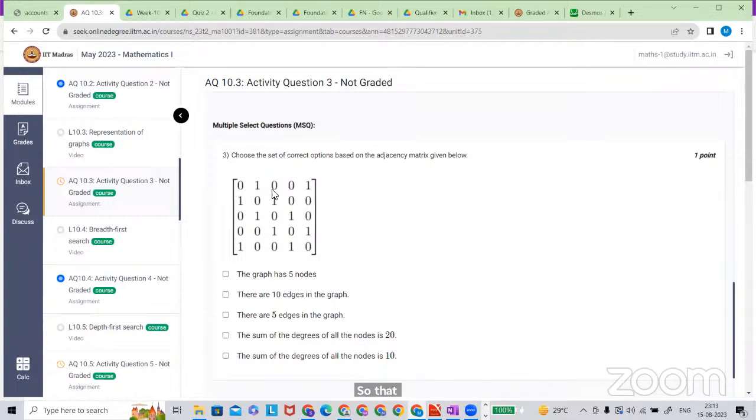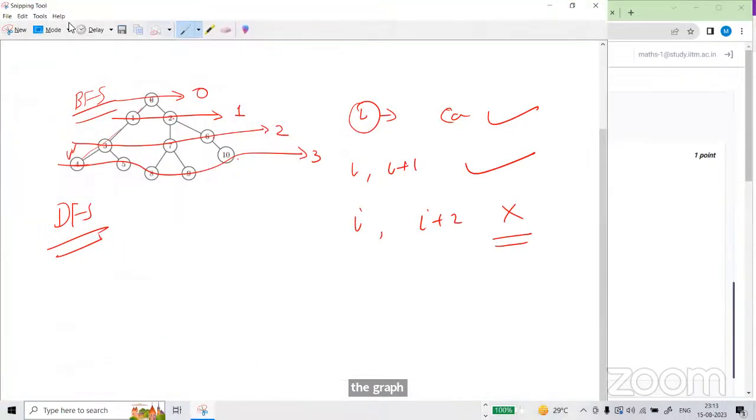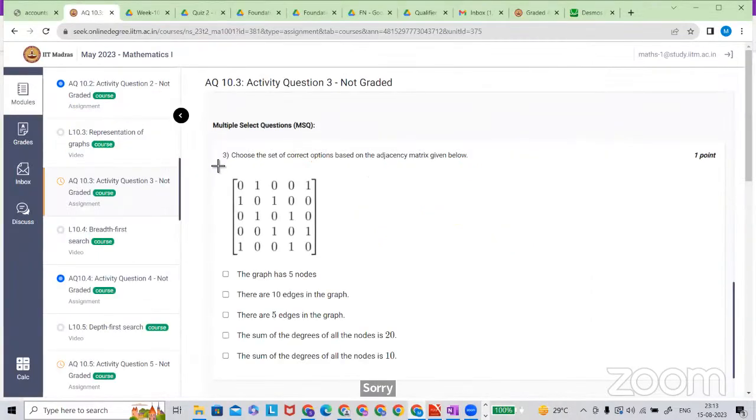So that we have to check, right? You can easily make a graph for this one. What is going to be the graph? We have to make a graph, no? Yes, sir.